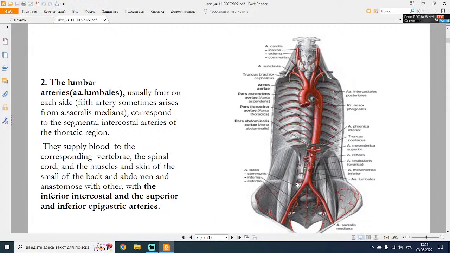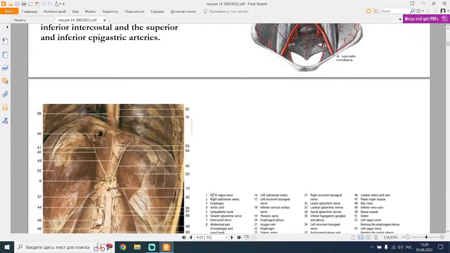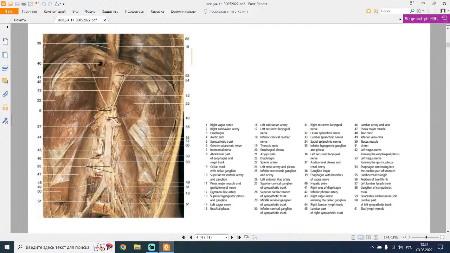Arteria lumbalis. What you see, this is arteria phrenica inferior.